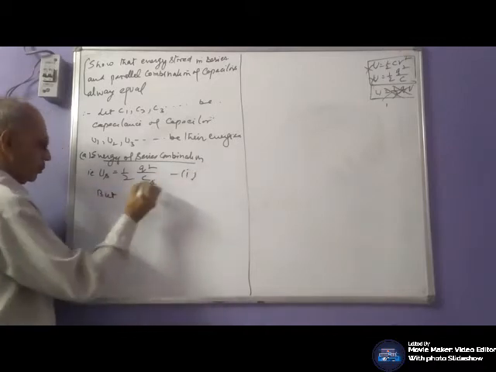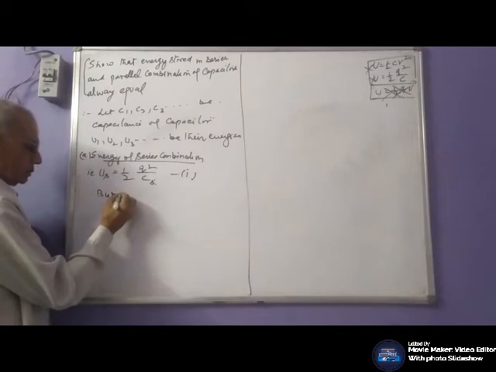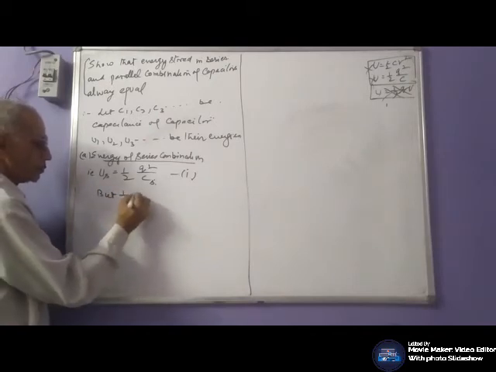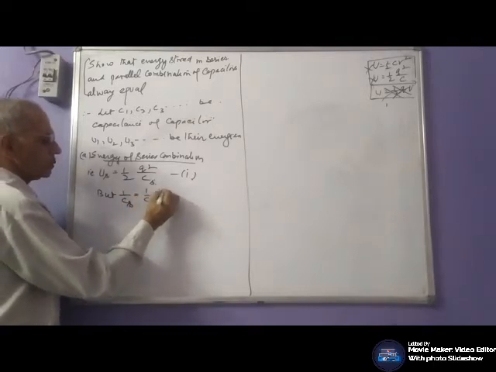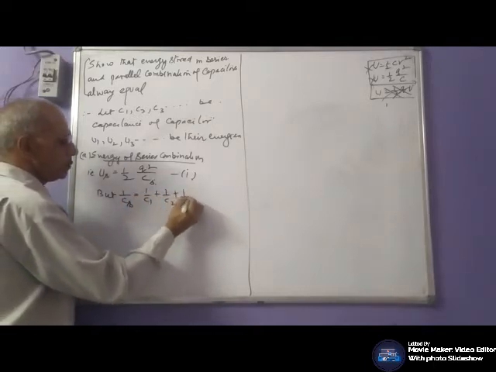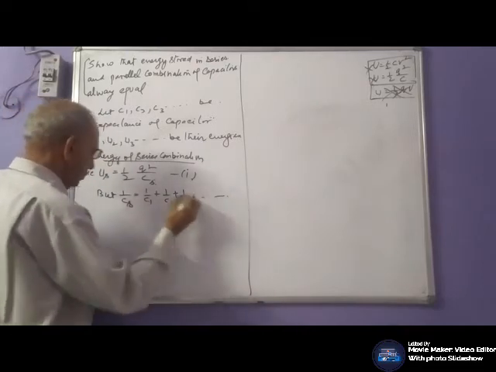Number 1, but 1 by CS equals 1 by C1 plus 1 by C2 plus 1 by C3 and so on.